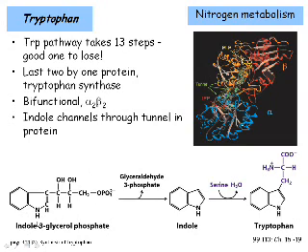What they're going to do is take indole 3-glycerol phosphate. So you can see sort of a glycerol group in there. It's going to split off a glyceraldehyde, so we're going to split off that group, leaving us an indole ring. And then the indole ring has a serine attached to it that creates it into an amino acid.